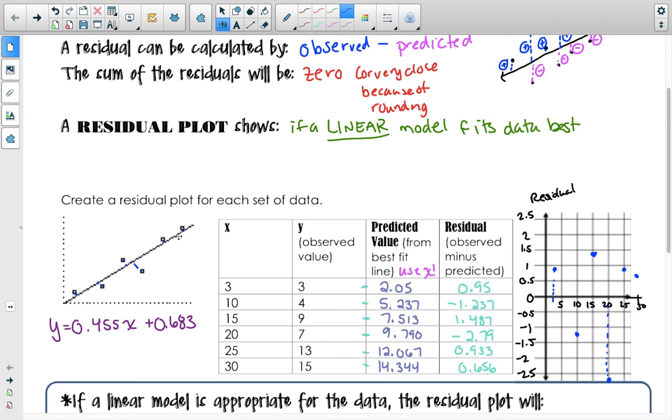This is a pretty good linear regression. The correlation coefficient would be strong. This would be a positive, strong relationship, and our residuals are much closer to 0, so that means that our regression equation fits very well for this data.